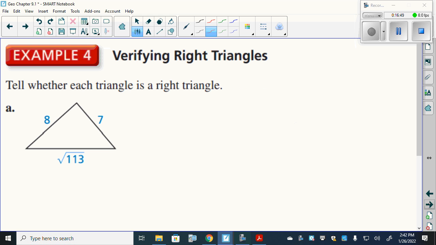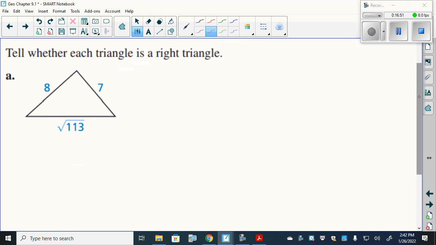So if we were given this triangle here, and we plugged in the three side lengths into a squared plus b squared equals c squared, and it does come out to a true statement, then it has to be a right triangle. So we do know two side lengths are 7 and 8, yes? But seeing how that relates to the square root of 113 can be a little difficult.